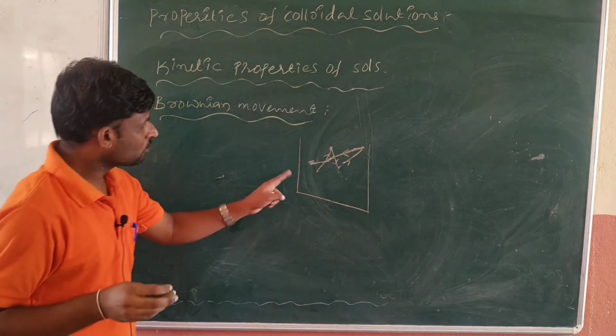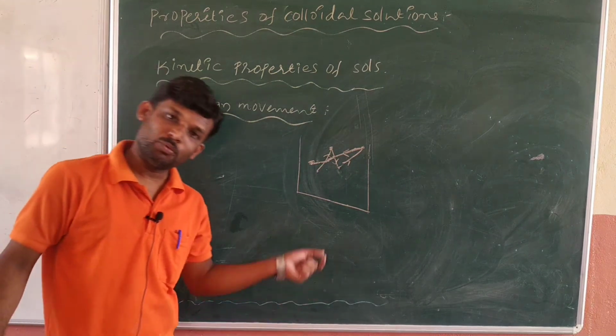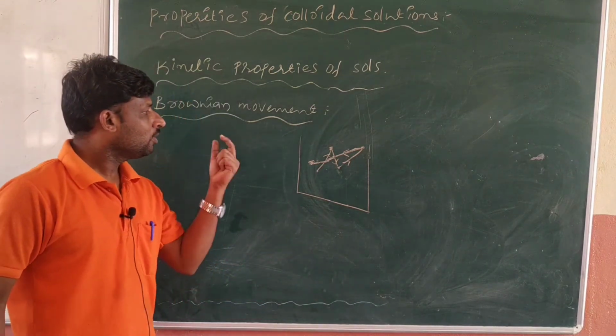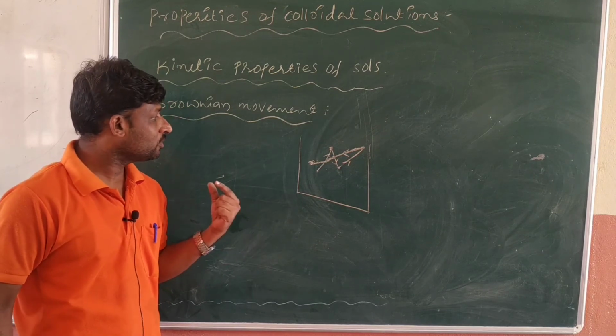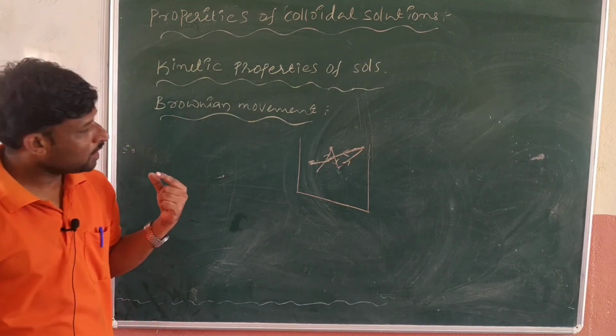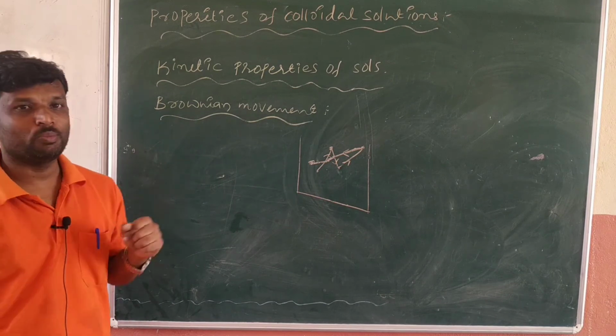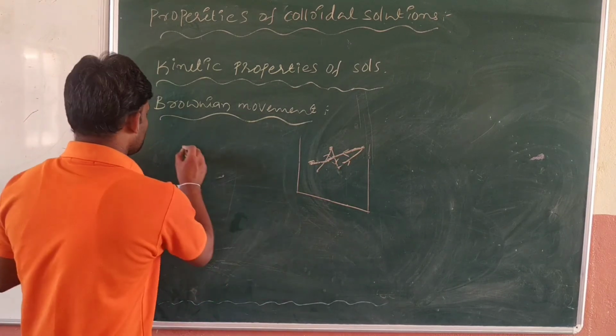This continuous, rapid, zigzag motion is called Brownian movement. Are you getting my point?